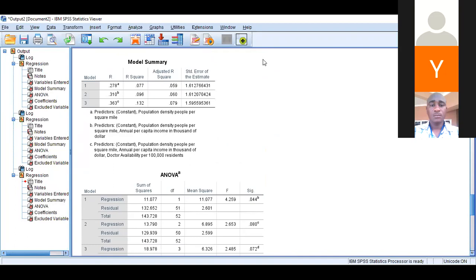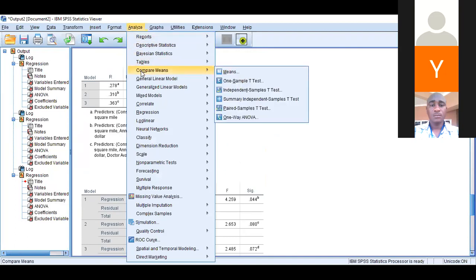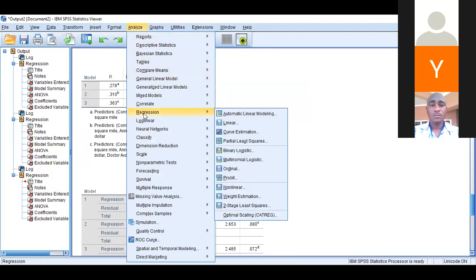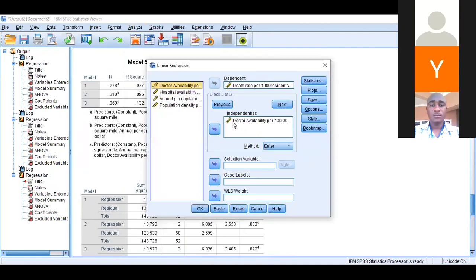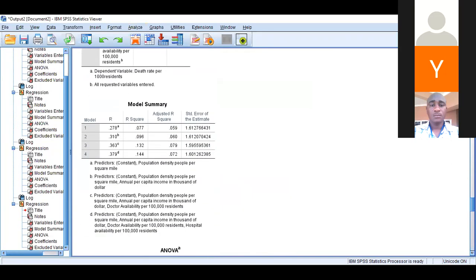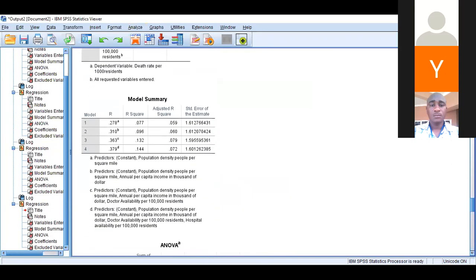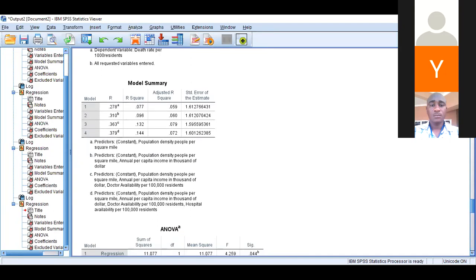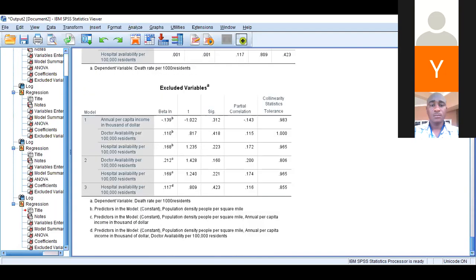If we add the last one, which is hospital availability, the total is 40.4. So all these factors account for 40.4.